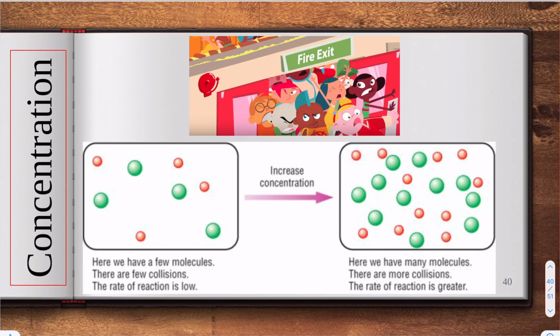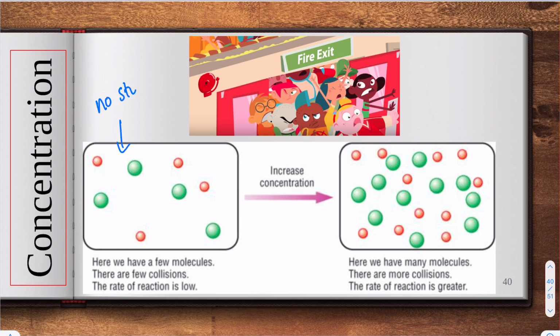So let's have a look at concentration then. If we increase the concentration of a reactant, we've simply just got more of it. So if we've got more molecules, then they're going to collide faster, right? Of course they are. So we're going to get more successful collisions. Simple. Here we've got hardly anybody in the corridors.